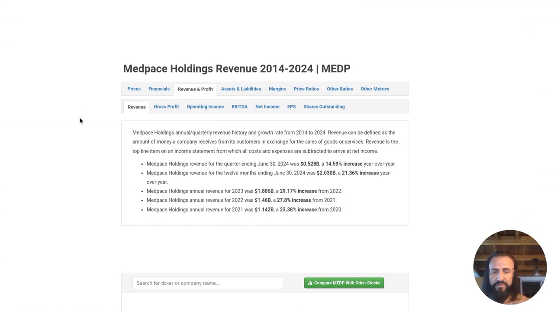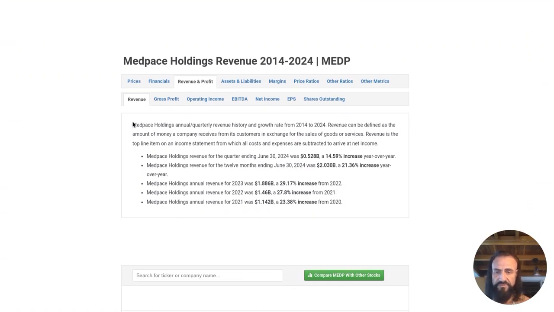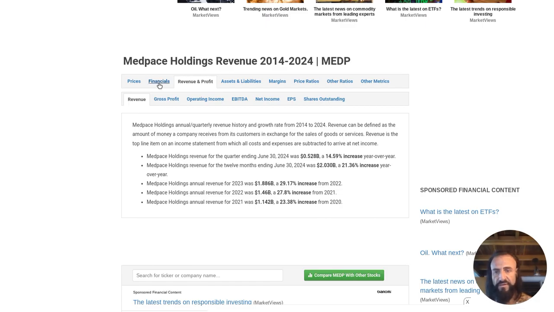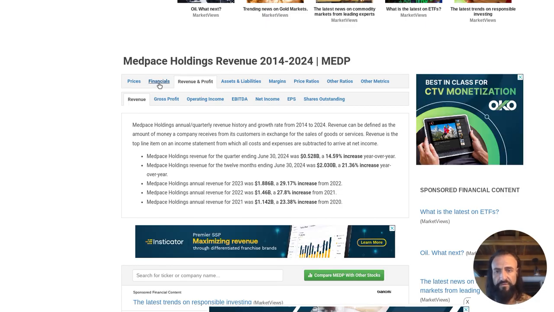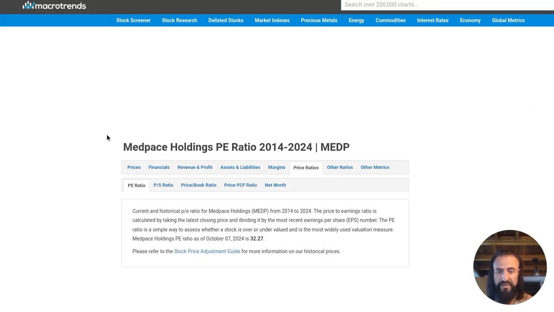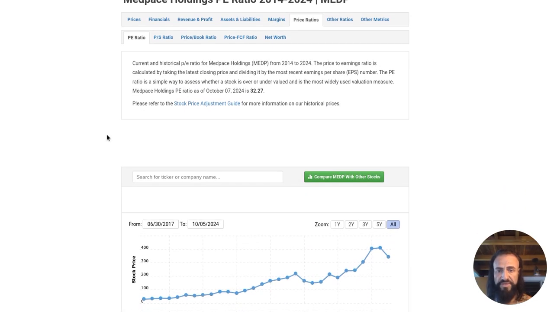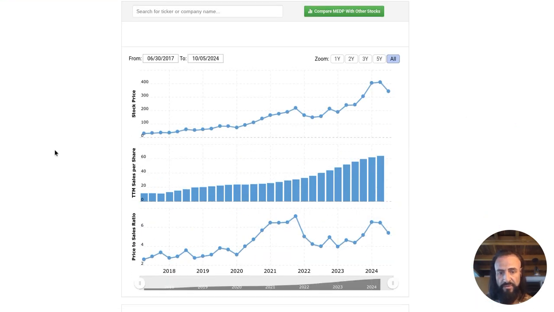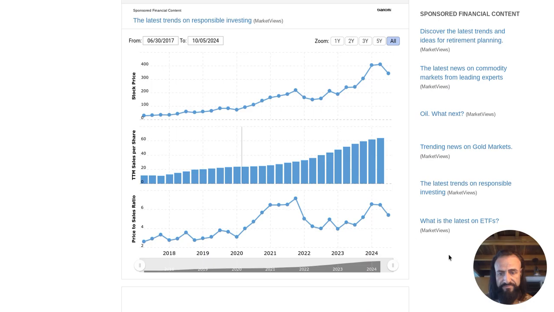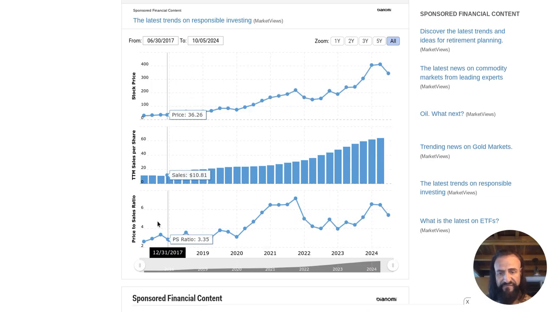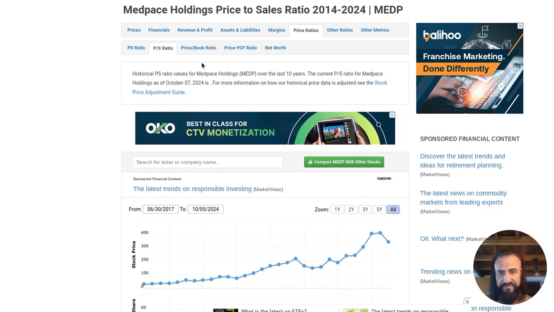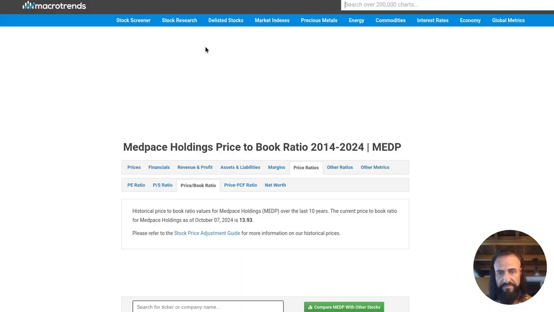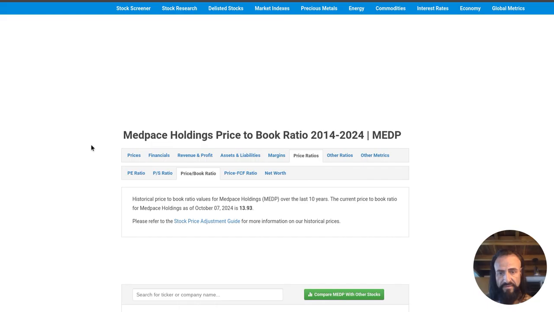Now it's in the medical field. It depends on your preference, if you like the medical field or if you don't, but nonetheless it looks good, at least on paper. The PE ratio is about 32. The price to sales is about 5.5. Price to book 13.